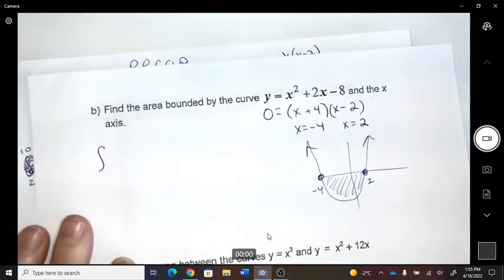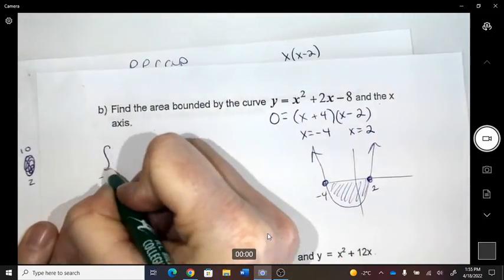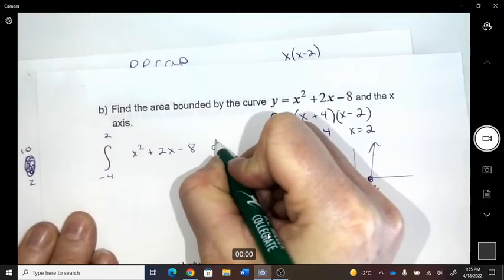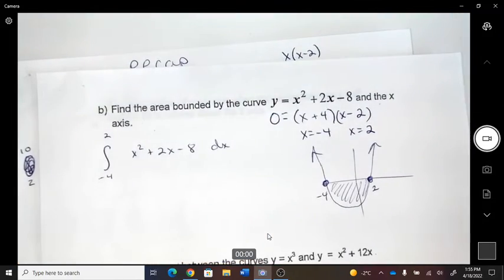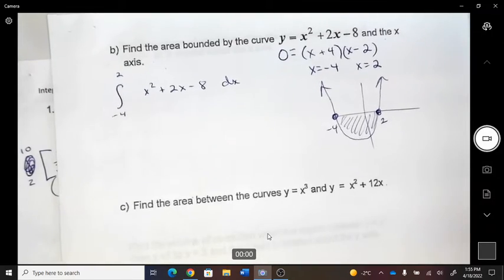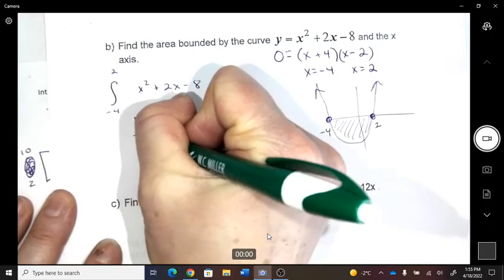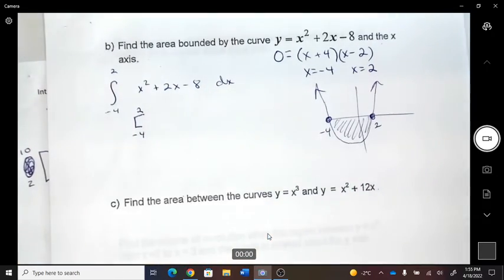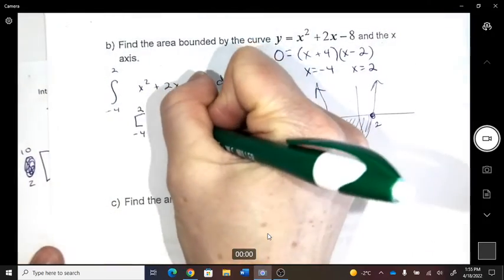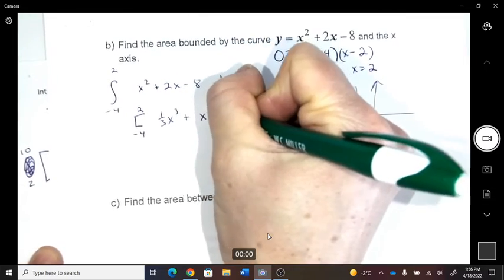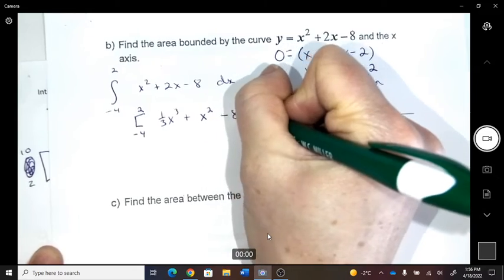So here's what I'm going to do. The integral of that equation from -4 to 2, now I'm actually going to antiderive it. So go up, divide, up, divide, up.